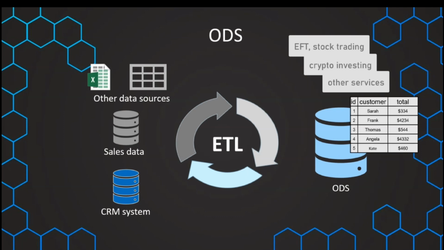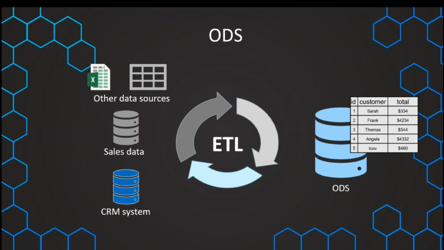So maybe we have one system for crypto, one for stock trading, and we need to combine the overall balance, the overall amount that they have invested from those different systems. And this needs to be reflected immediately so we can make our operational decisions.